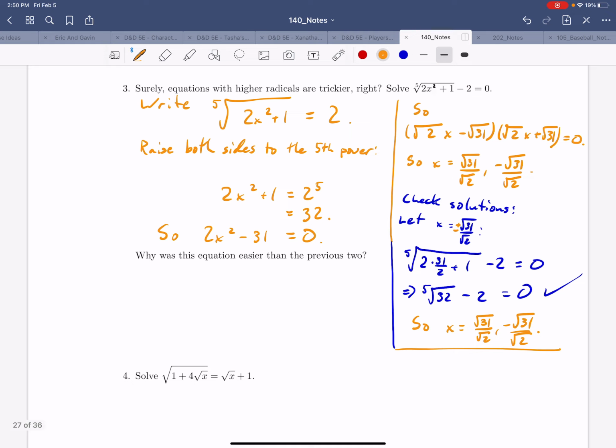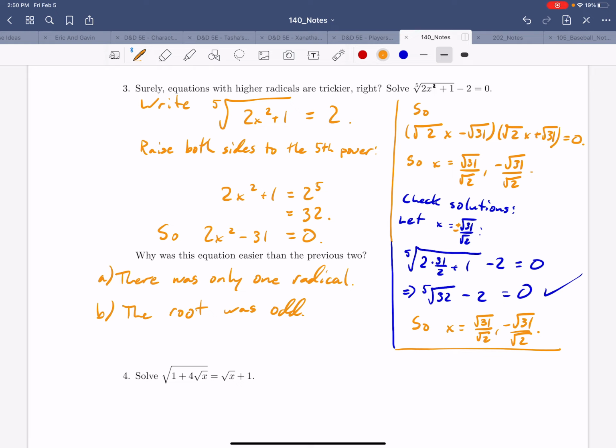And the reason for this, I think there are 2 reasons. There was only one radical. And the second thing is a little more subtle. The root was odd, by which I mean we were taking a fifth root. So that meant that when we were considering solutions, we didn't have to worry about plus minus things.